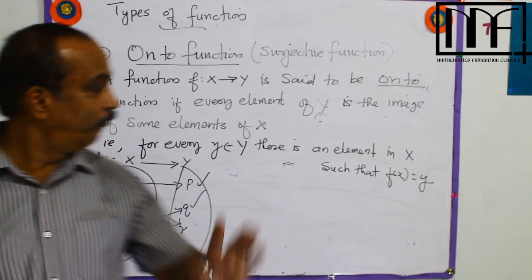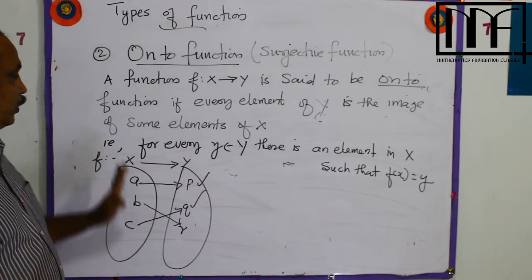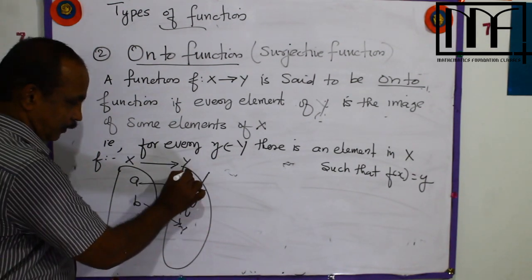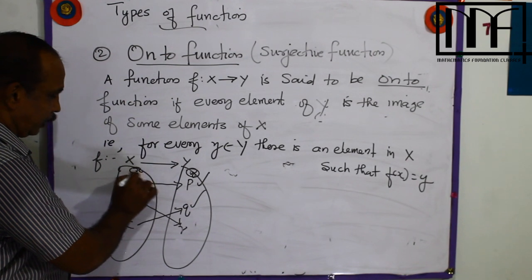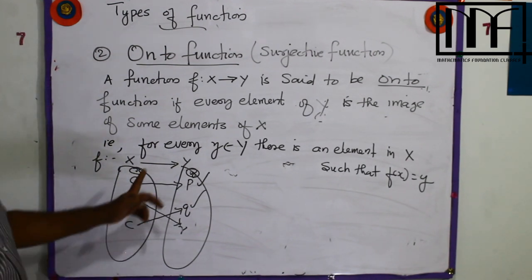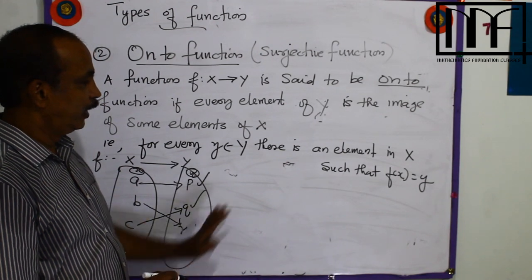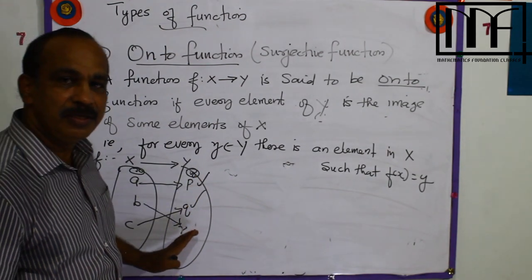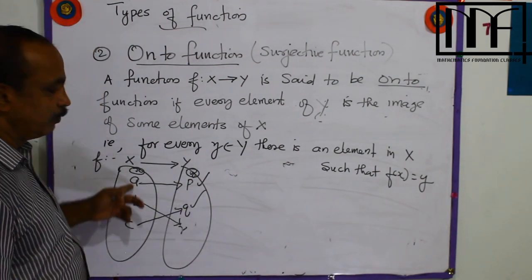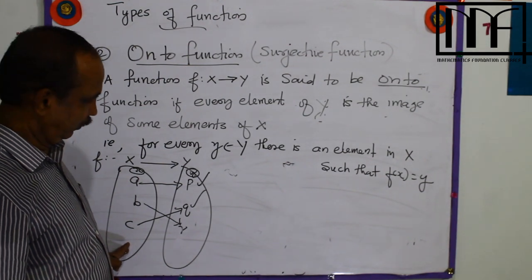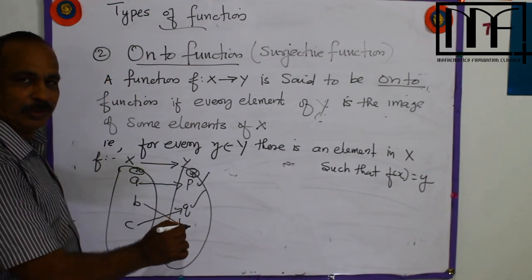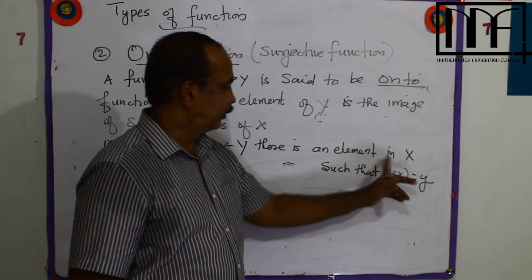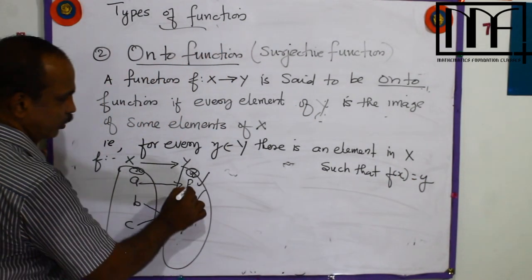So every element of Y is the image of some elements of X. That is, for every y belonging to Y, there is an element in X, for every element in the codomain, there is an image in the domain. No element is left without a partner in the domain set, such that f(x) equals y.